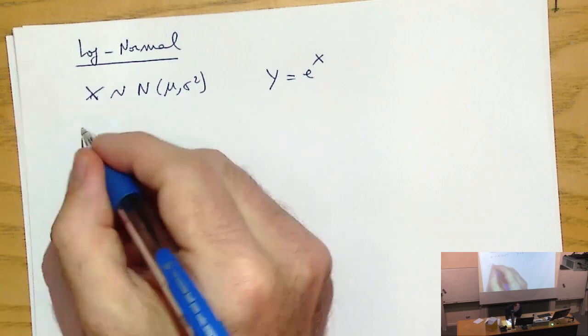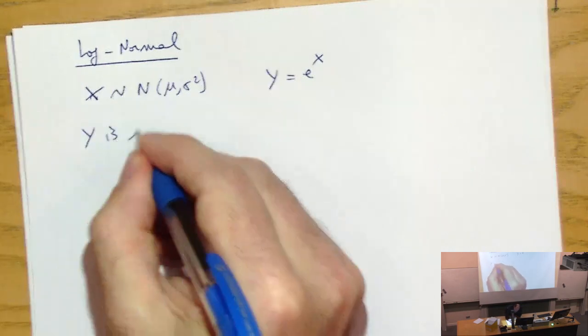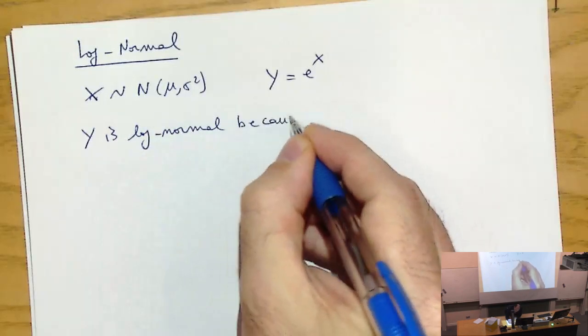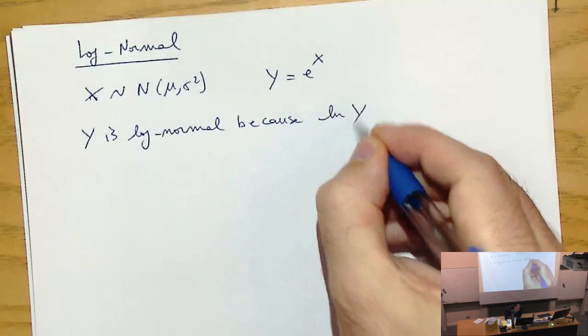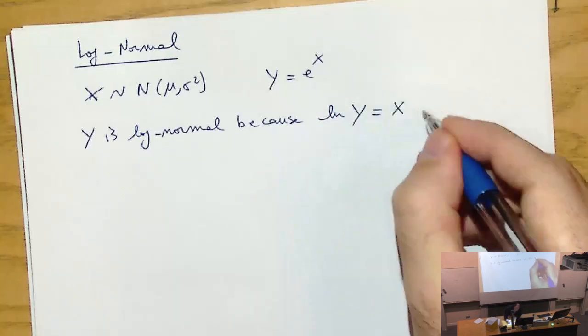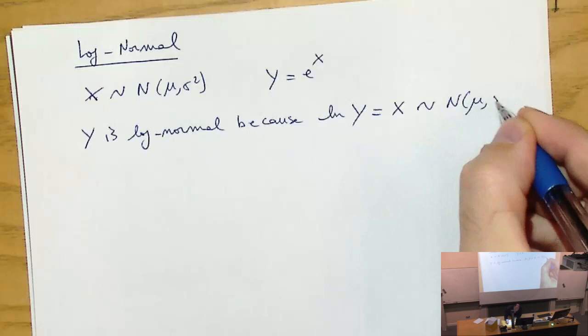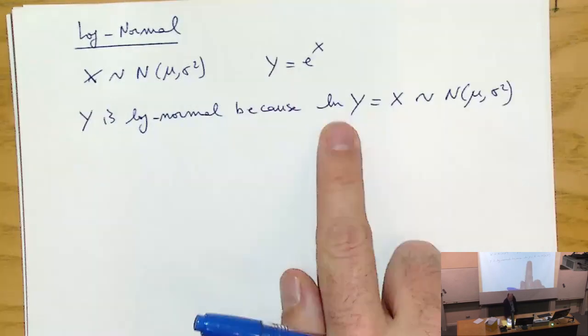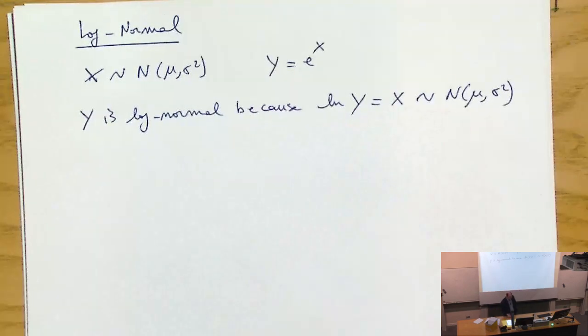So we say that y is log normal because the logarithm of y is equal to x and is normal distributed. A random variable is log normal distributed when the logarithm of that random variable is normal distributed. Okay? So y is log normal distributed because the logarithm of y is normal distributed.